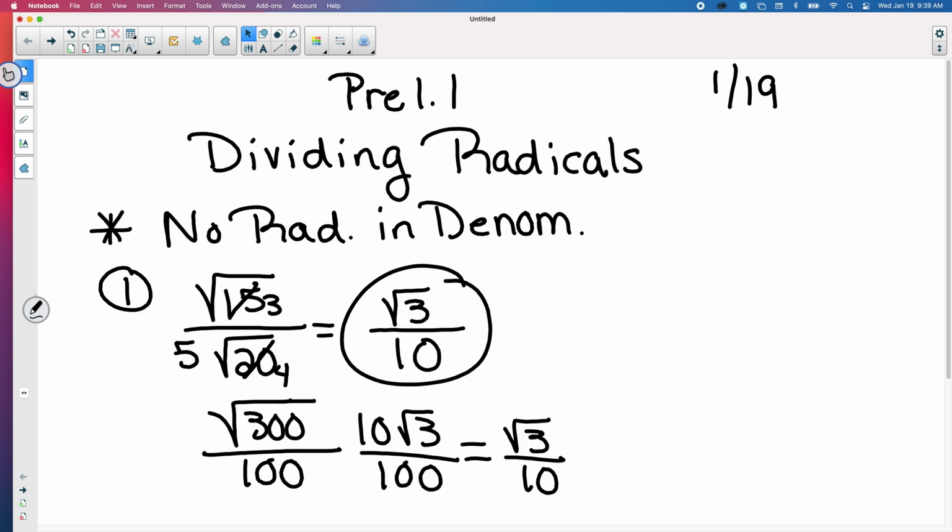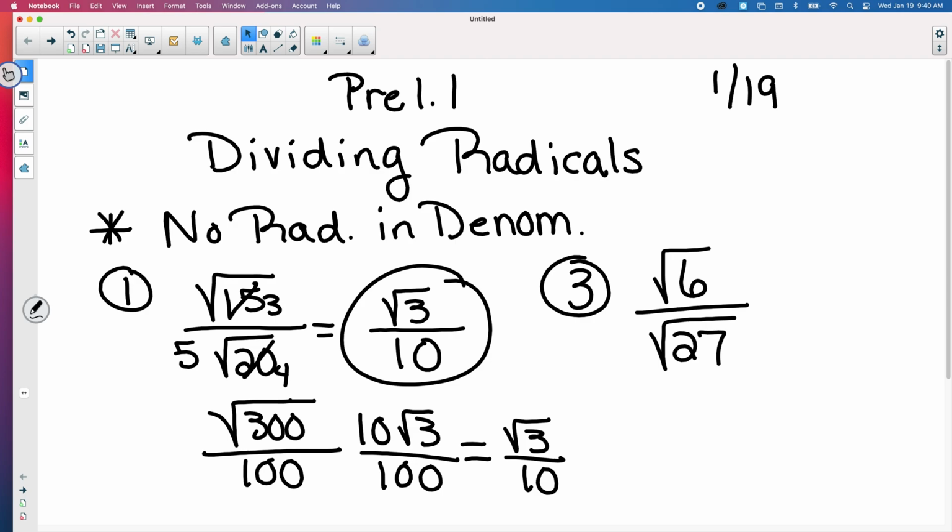Okay, so let's go to number 3, which is right below it. So let's do the common factor way, since these have radicals on top and bottom. What is the common factor with radical 6 and radical 27? 3.